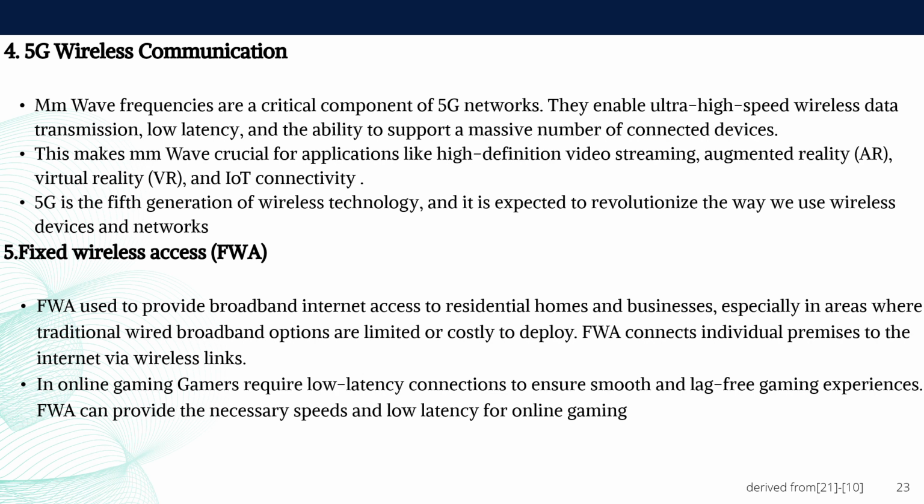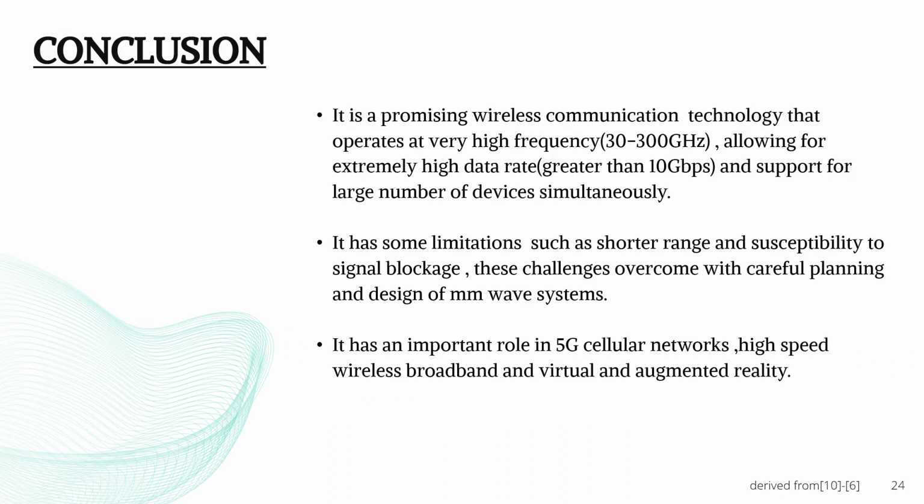The internet service providers can provide fixed wireless access to them, and they fix an antenna in their house. This antenna is connected to the major antenna site, and the signals from the major antenna are received by this antenna.